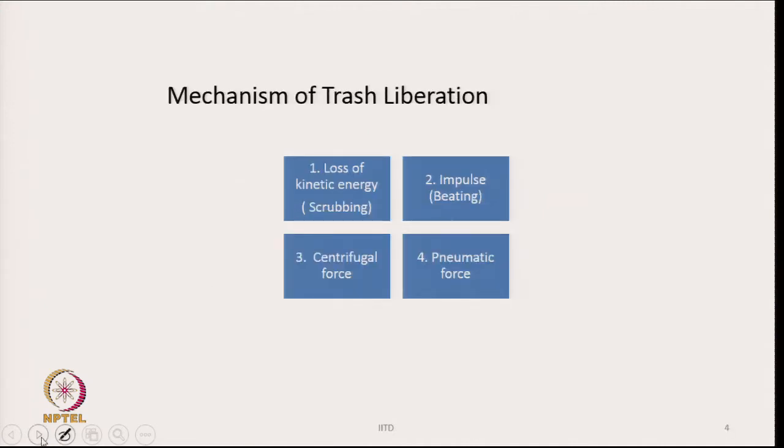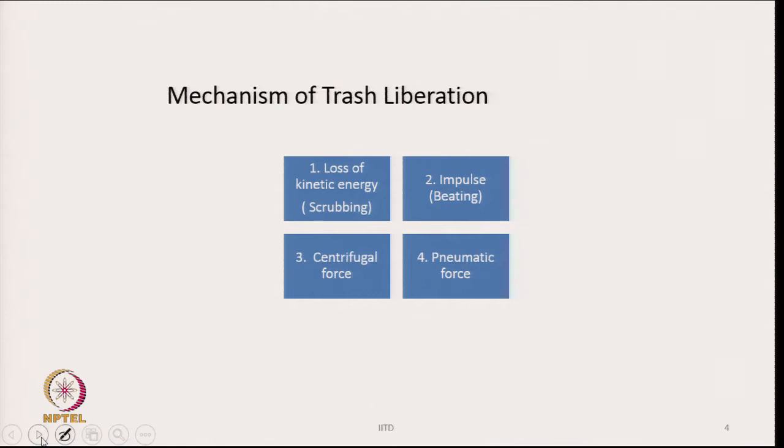Now, mechanism of trash liberation. What are the various mechanisms which are employed in the machines? These are listed here. One is through loss of kinetic energy. The other one is impulse through beating actions. The loss of energy is through scrubbing action.